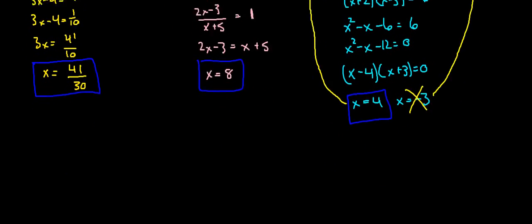So let me do one last one. Log base 7 of 3x plus log base 7 of 2x minus 1 is equal to log base 7 of 16x minus 10.